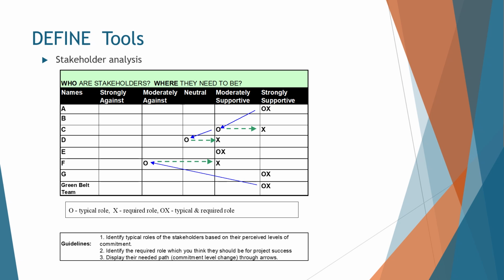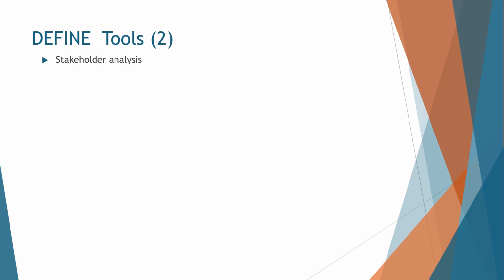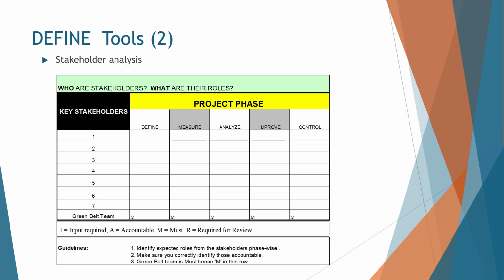Take a moment to examine this. And then for I, it's the input required. A, are they accountable? M, are they a must? R, are they required to review any of the project charters or do any sign-offs?